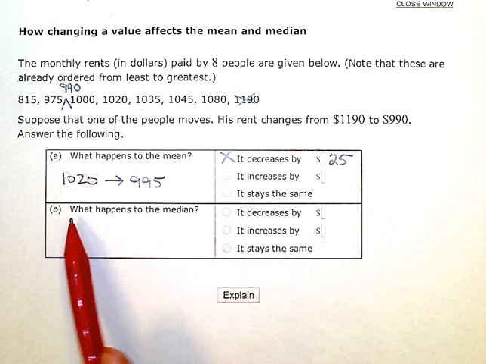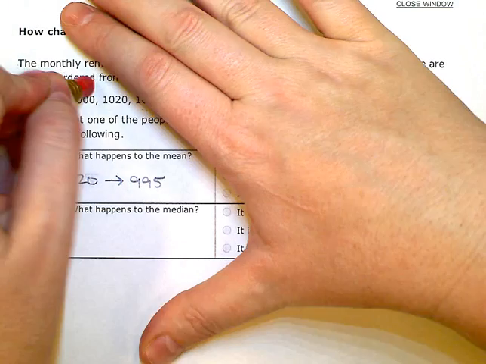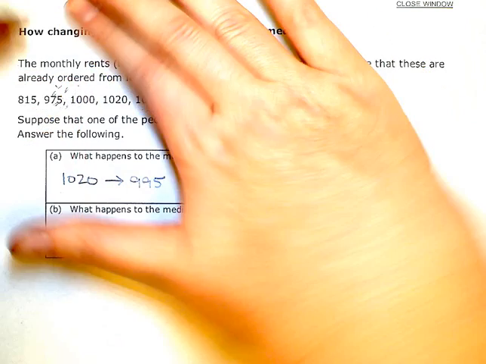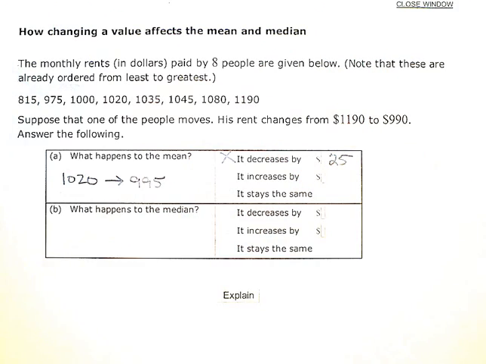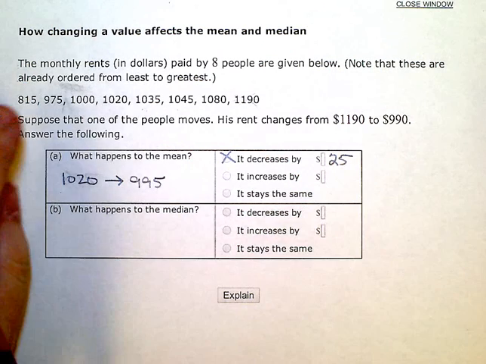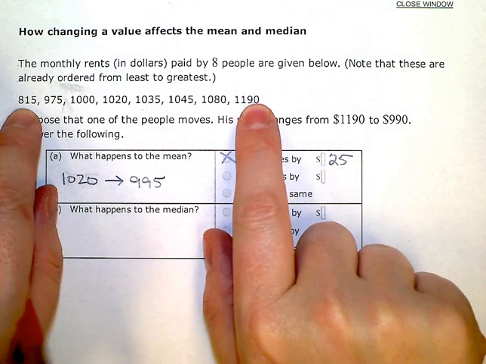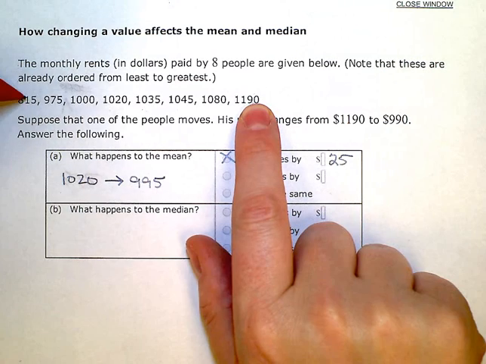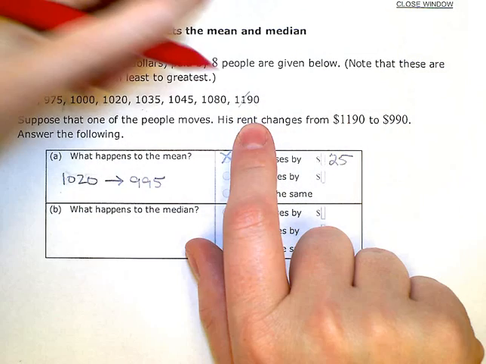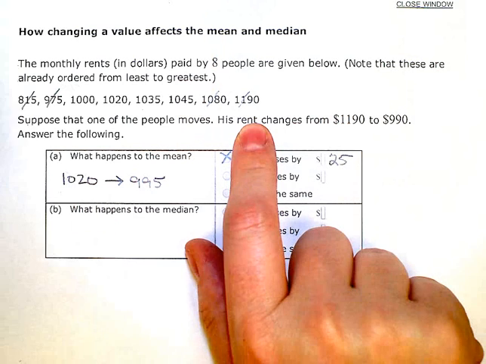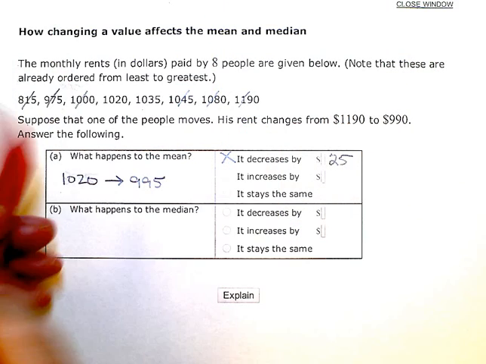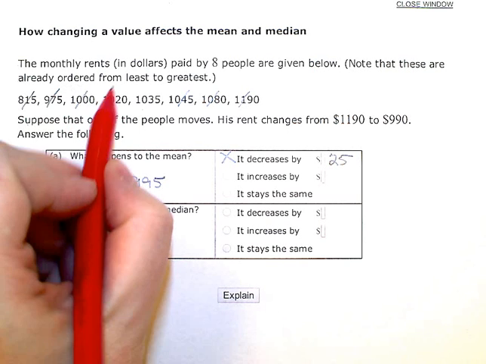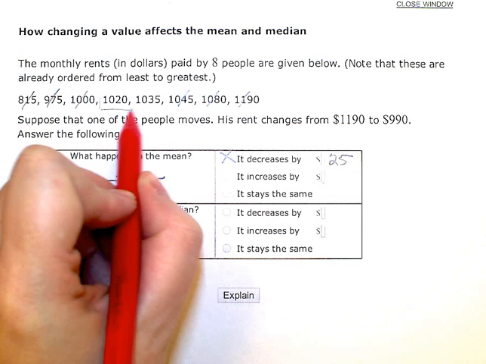Now, what happens to the median? I'm going to go ahead and erase this here for a minute. So we're looking at the original data set. Now, the median is the middle number, and they've already been put in order for me. If I cross these off, one from the left and then one from the right, as I move inward, I end up with these two as my center numbers.